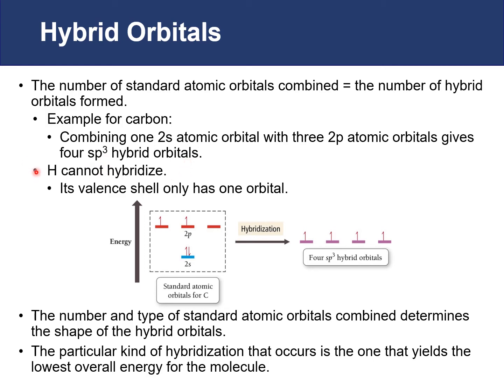Hydrogen cannot form hybridized orbitals because its valence shell only has one orbital available to it, which is the 1s orbital. So looking at carbon, we have the 2s orbitals, which are lower in energy, and then we have our 3 p orbitals, which are degenerate. They all have the same amount of energy.